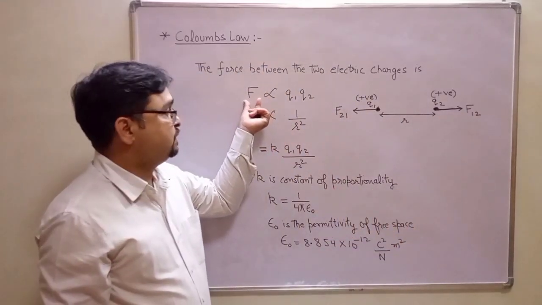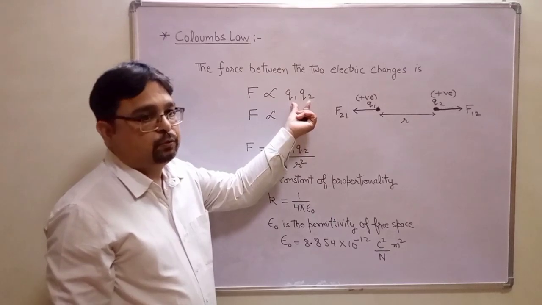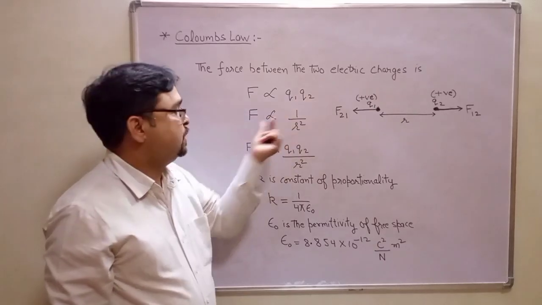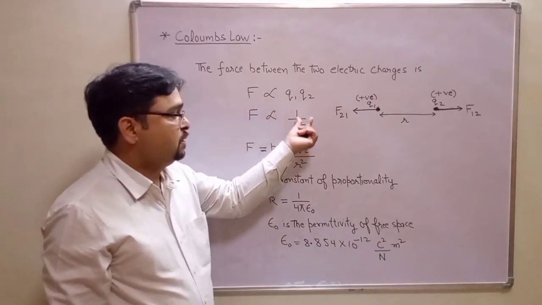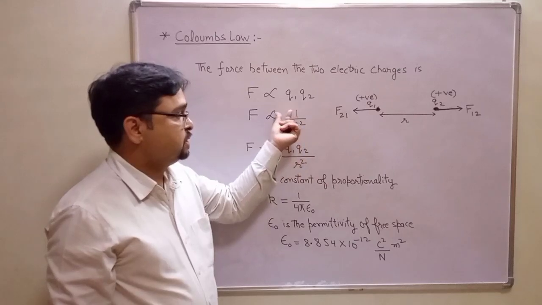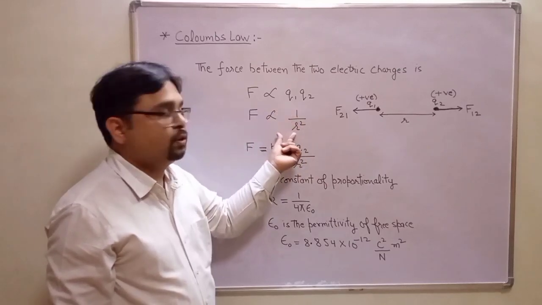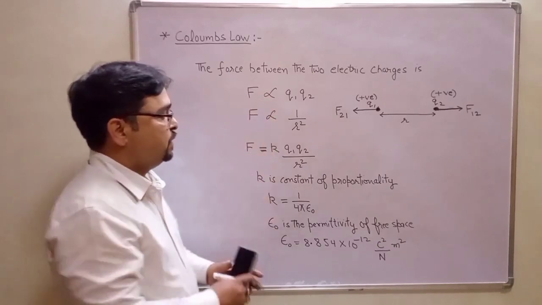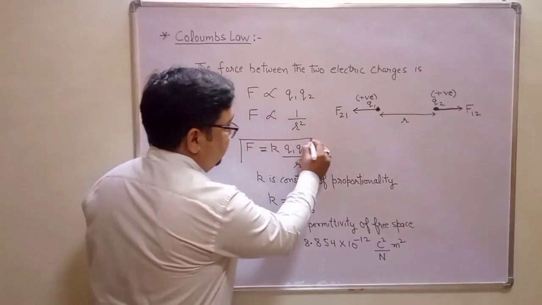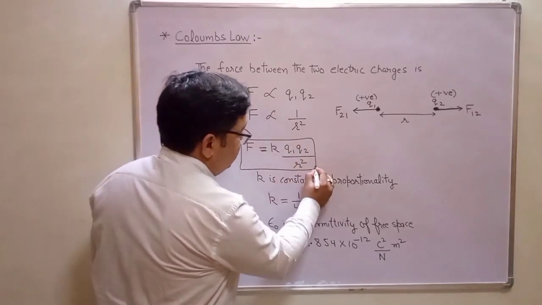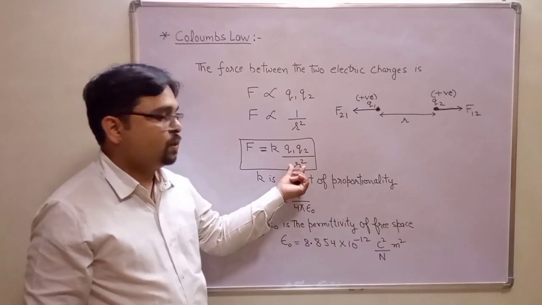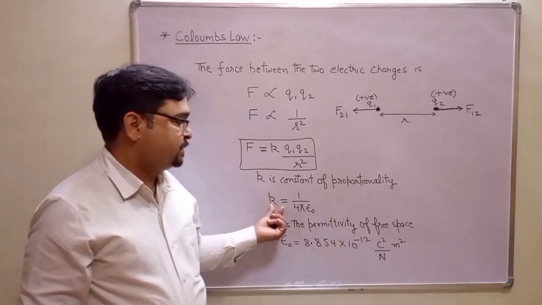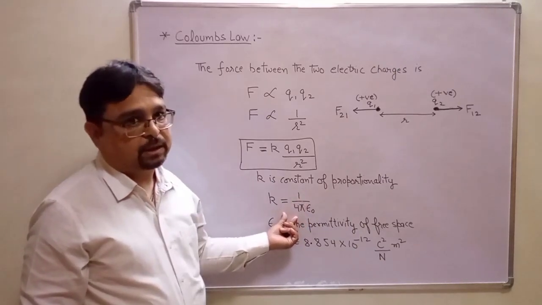The magnitude of the force will be directly proportional to the product of two charges, Q1 multiplied by Q2, and inversely proportional to r square, that is F proportional to 1 upon r square. Combining these two relations, we can write F is equal to K times Q1 Q2 upon r square. K is constant of proportionality, K is equal to 1 upon 4 pi epsilon naught.